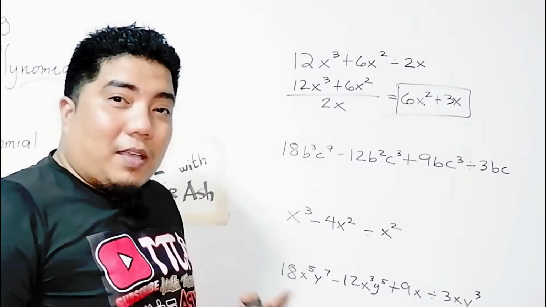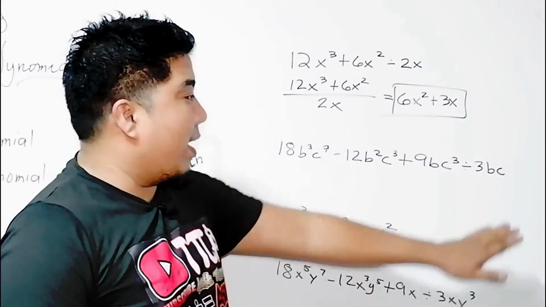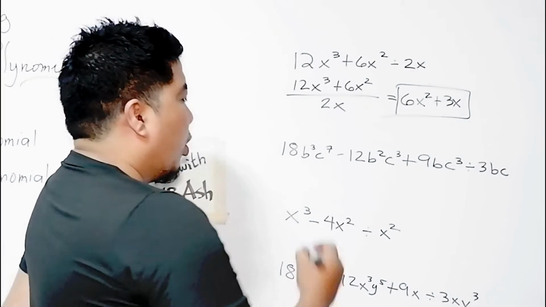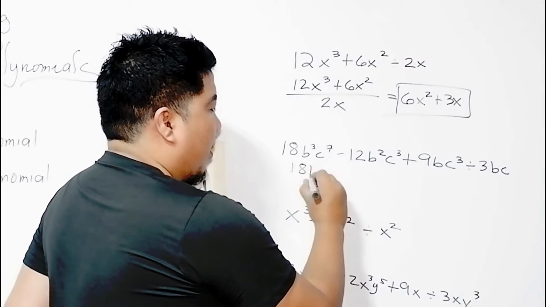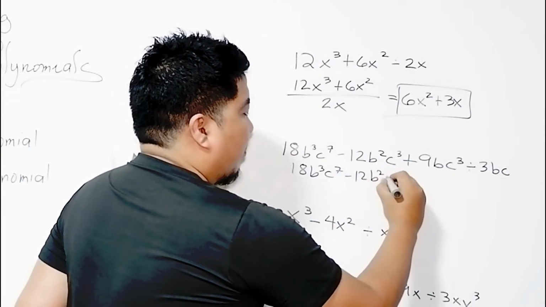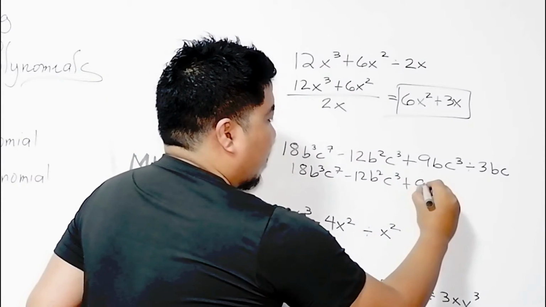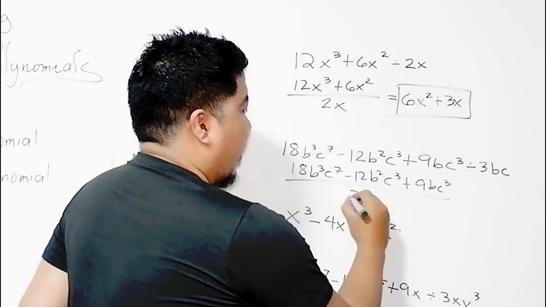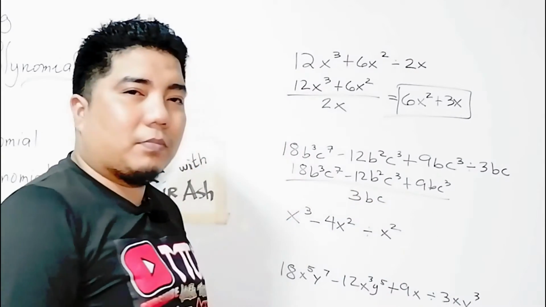This is quite challenging somehow because we have 2 variables. But the same concept is still applied. So, I will write first my dividend over 3bc.